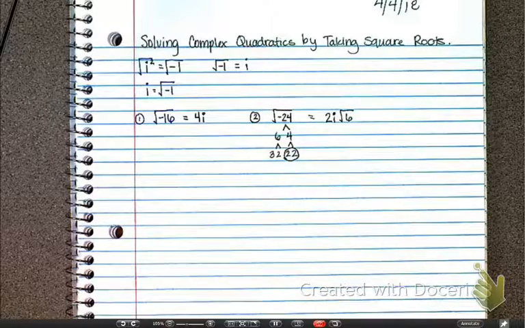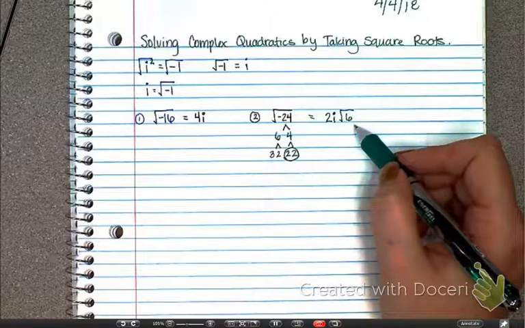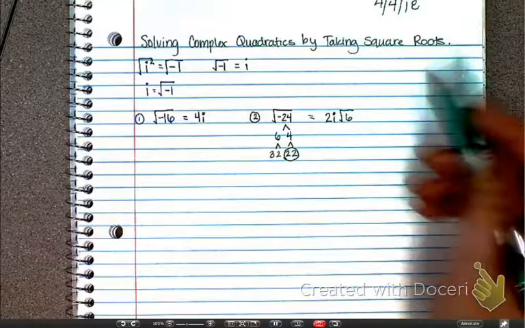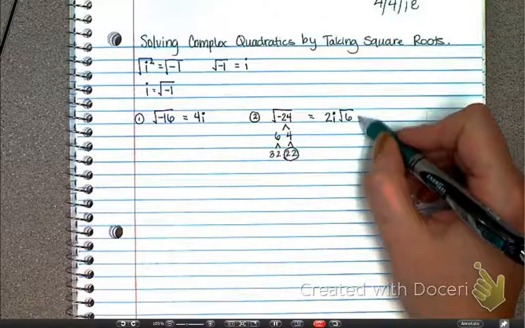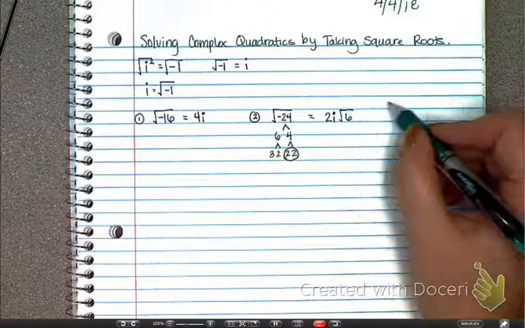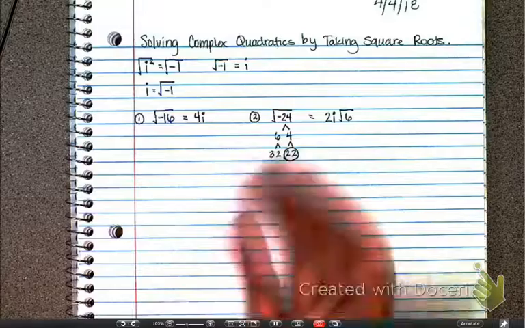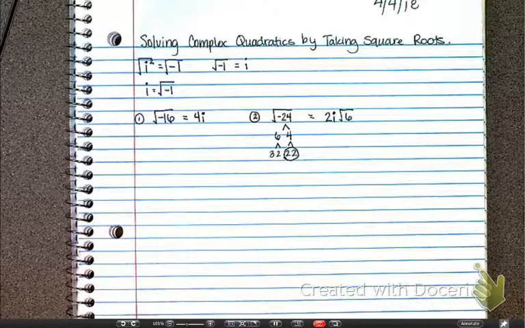Now, if you pull it out and put it over here, remember when we were talking about a problem like it. If you're not careful and you put the i here and your square root goes over the i, it's wrong. The i is on the outside of the square root. So it's just easier, so you don't make that mistake, to put the i in the front of the square root.